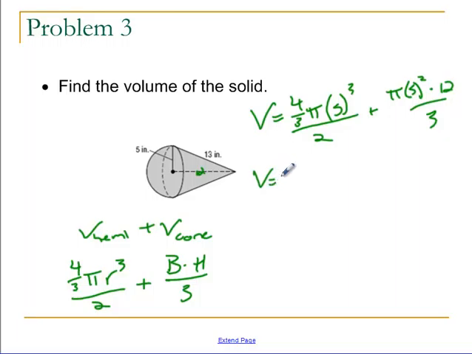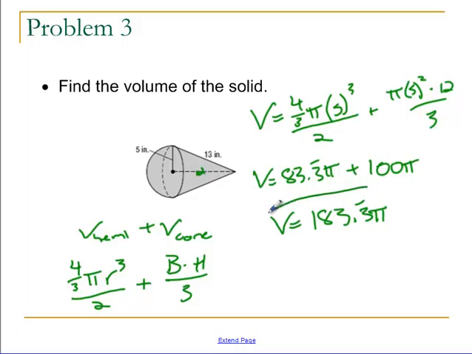This first one, 4/3 times 5 to the 3rd power, all divided by 2, gets me 83.3 repeating pi, plus the second one, 5 squared times 12 divided by 3, gets me 100 pi. So my total volume is 183.3 repeating pi.